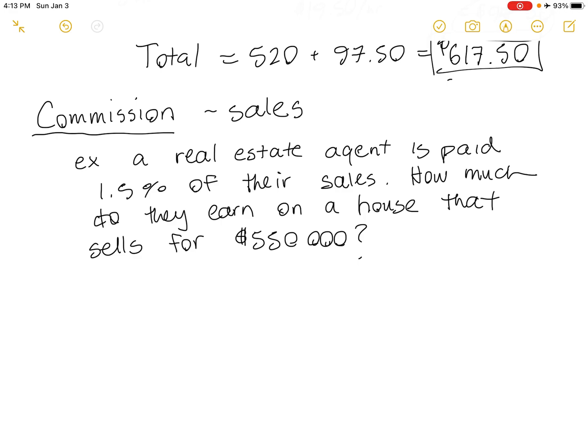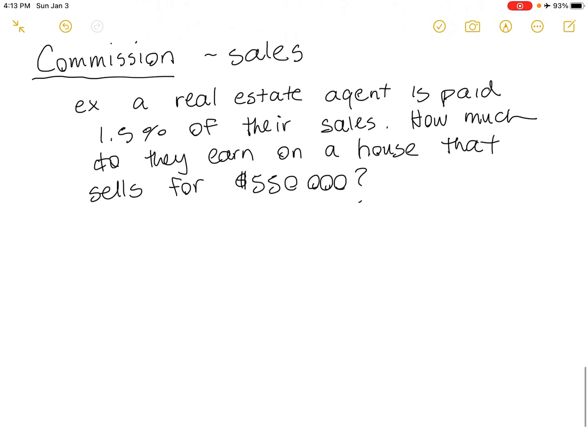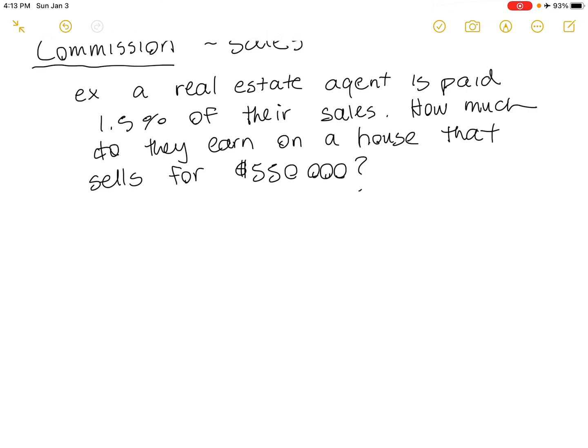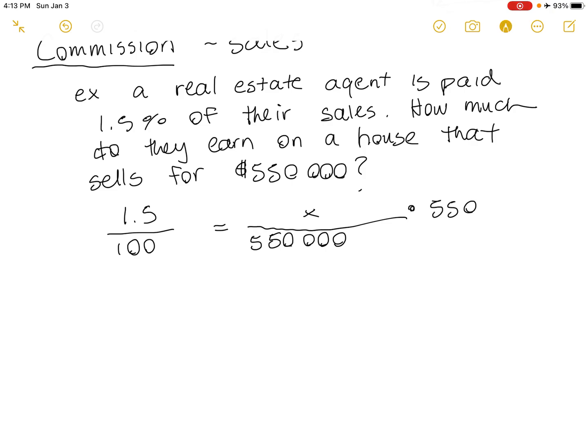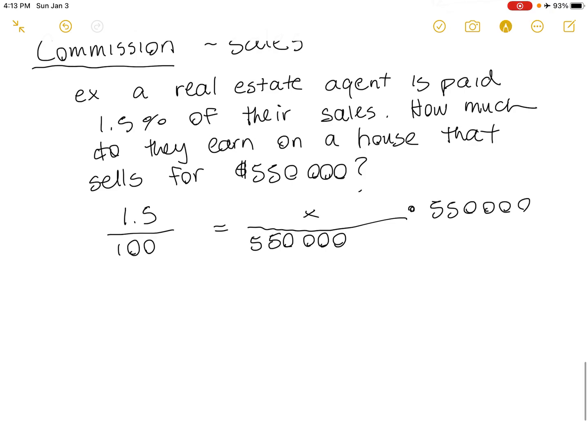Okay, well, what we're looking for here is 1.5% of $550,000. So this is really similar to the other percent problems that we were doing in the first unit, right? 1.5% as a fraction is 1.5 over 100. We want to know how much is that over 550,000. Okay, how do we solve that? We multiply both sides by 550,000.